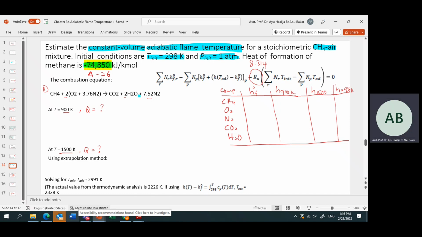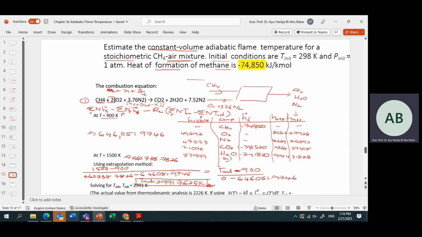Okay, for Q at T900, you should be getting this figure, 646051.